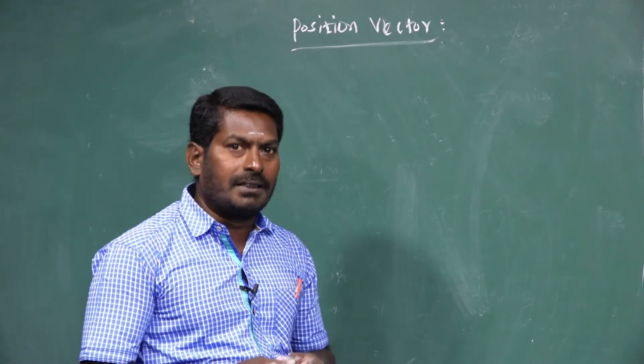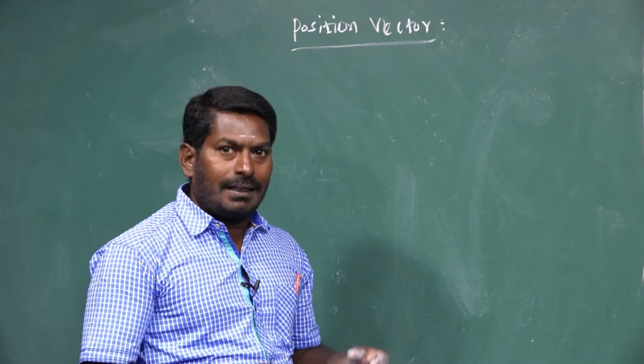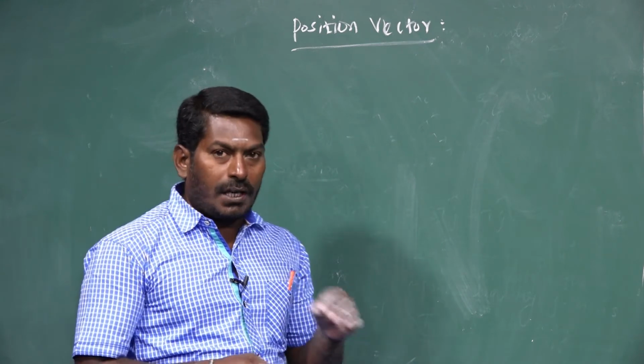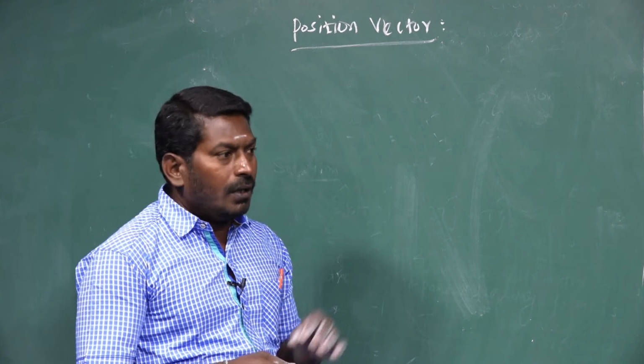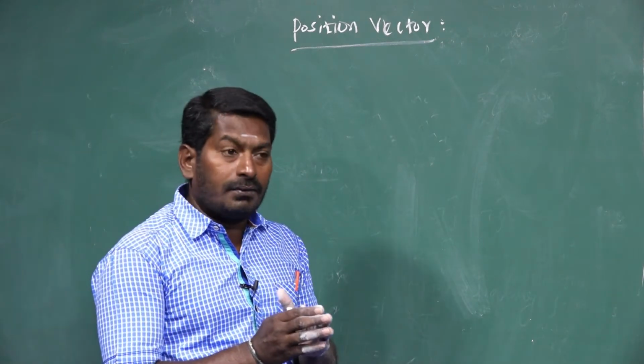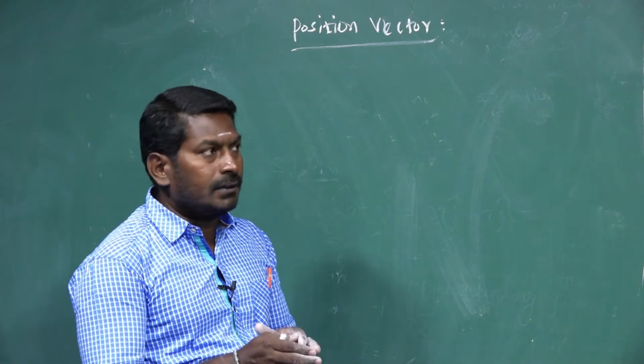So what is a position vector? A position vector is a vector which describes the position of a particle at any instant of time during its motion with respect to one reference frame, or with respect to the coordinate axes.